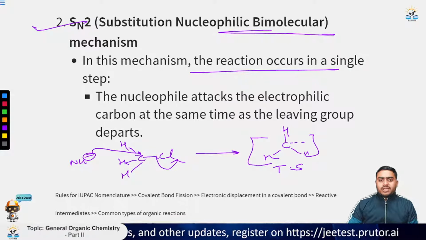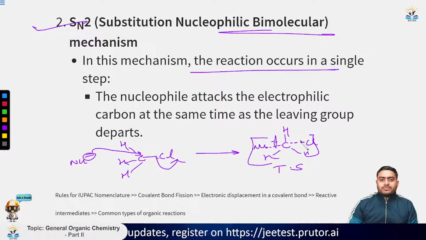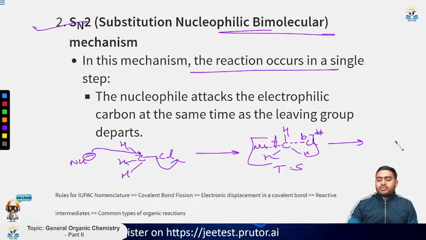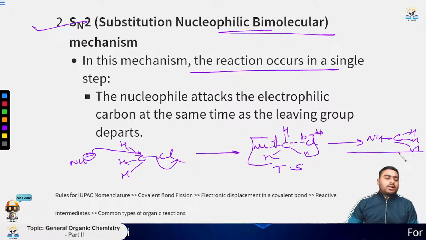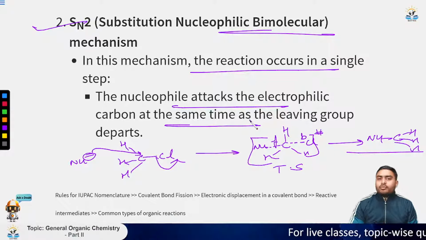This bond is breaking, simultaneously this bond is forming, and this is like a transition state, and then you will get the compound, and it should be nucleophilic attack. Okay, then this is like an inversion of configuration. So the nucleophile attacks the electrophilic carbon at the same time as the leaving group departs. Okay, this is like inversion of configuration.